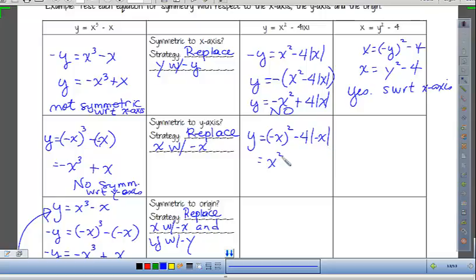So that's going to be x squared minus 4 times, well, just x, right? The absolute value of negative x is the same thing as the absolute value of x. And so this is the same thing that we started with. So we say symmetric with respect to the y-axis.